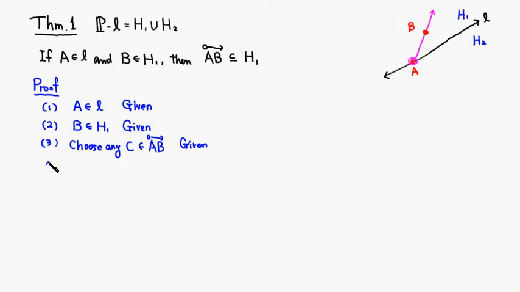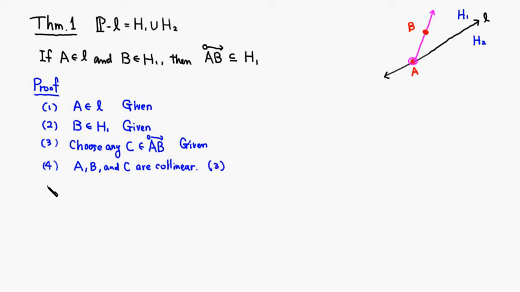I'm going to list all possible cases. Actually, before we do that, since C is sitting in open ray AB, we know that A, B, and C are definitely collinear. It's sitting on a single line. That just comes from line 3.